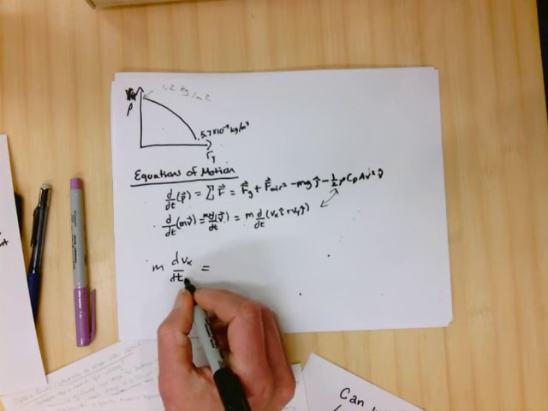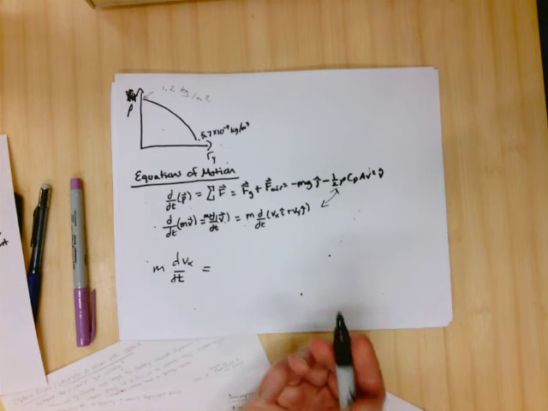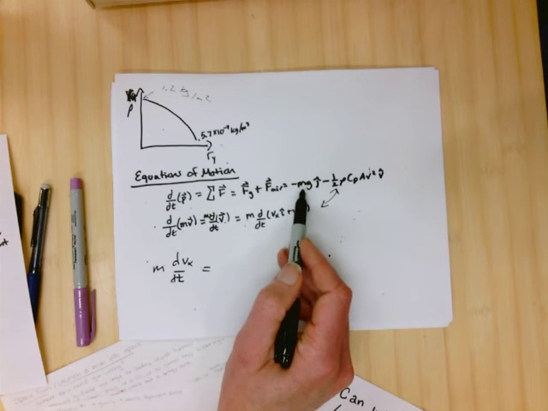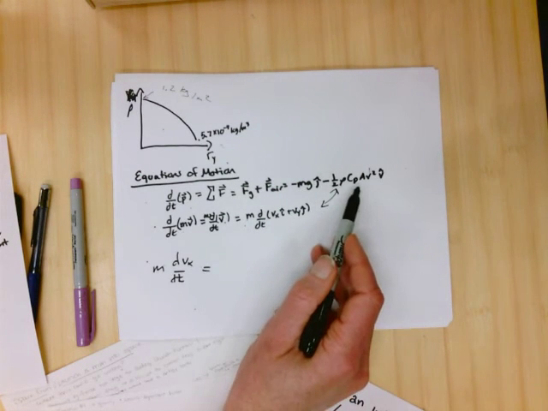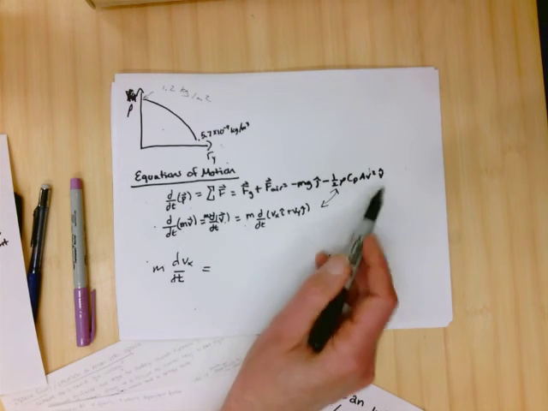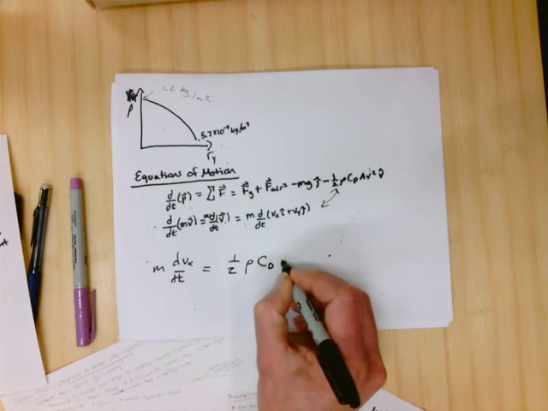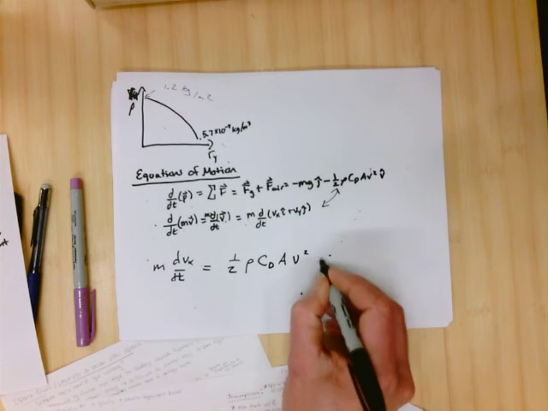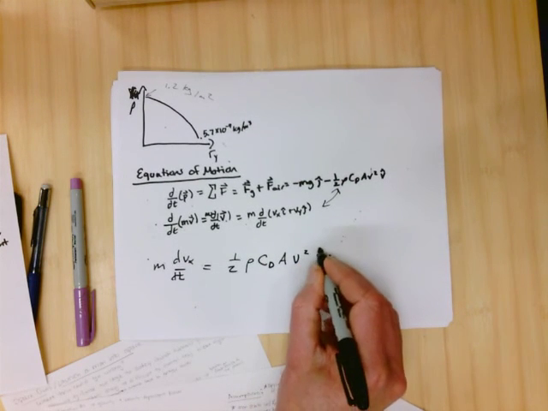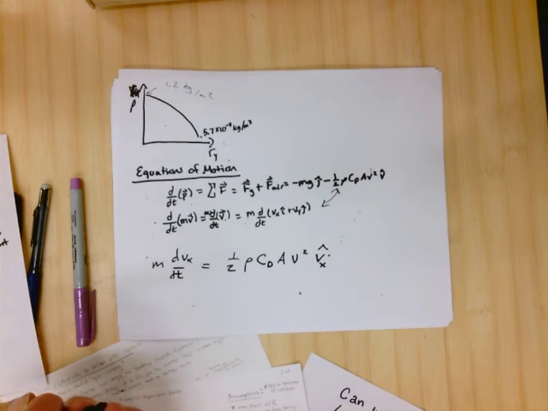Right? And by the same token, I'll also get m times dvy by dt is equal to minus mg, and then minus 1/2 rho Cd A v squared vy hat. And you can now see why Alexandra is writing everything right now.